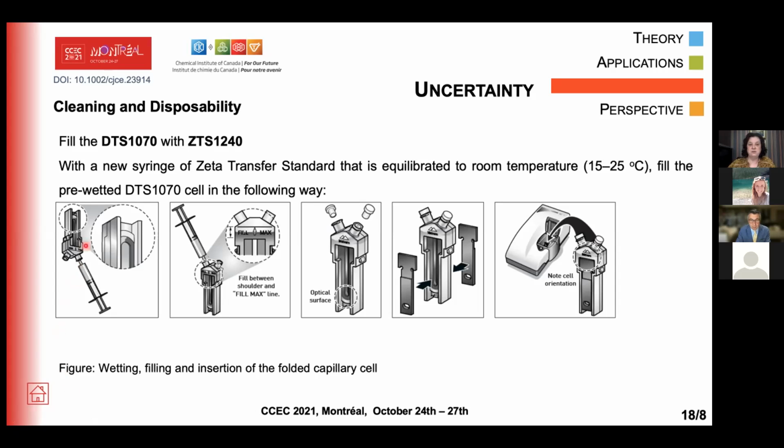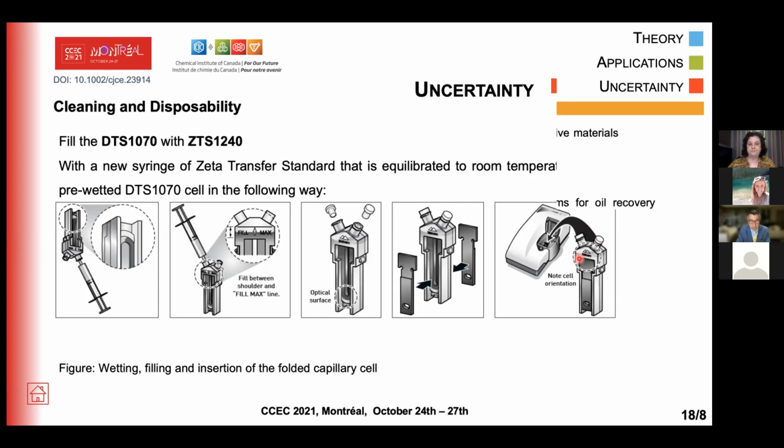If you don't do the correct cleaning or filling process, or even leave bubbles inside the capillary, or also insert the cell in the wrong way in the equipment, since there is a correct orientation, you probably get wrong results and you have to redo your experiments.